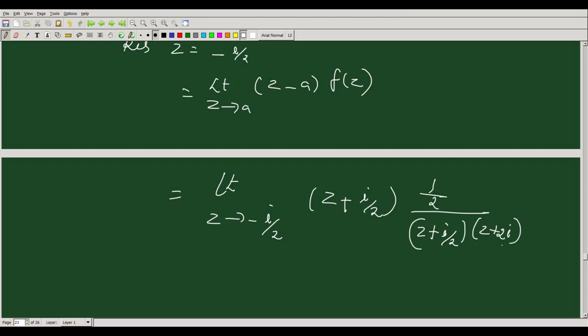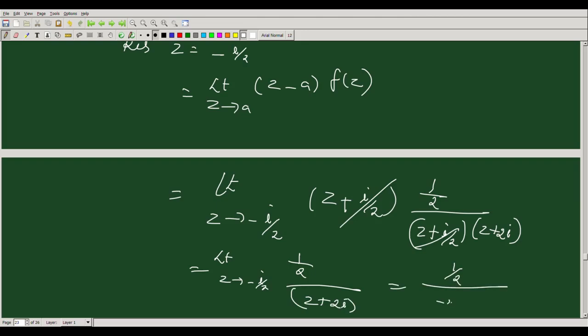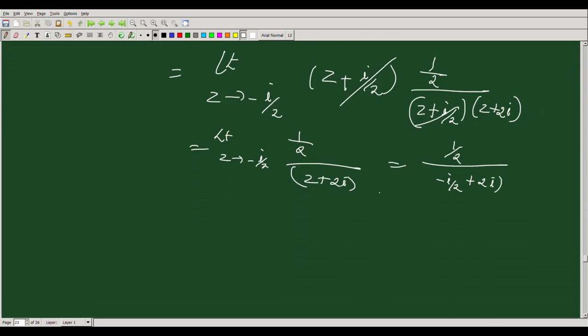Then this is getting cancelled, and you are getting limit z tends to minus i by 2, 1 by 2 divided by z plus 2i. Substitute the limit, so 1 by 2, z is minus i by 2, plus 2i. Correct?